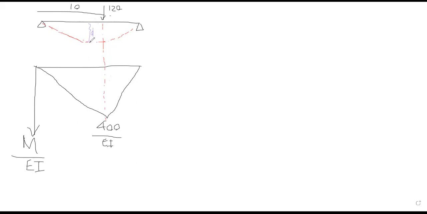So that is the point where you have a horizontal tangent, right? Where theta is 0, right? So this distance you don't know. Please don't be confused. The maximum deflection is not underneath the load, right? It's the maximum bending moment.